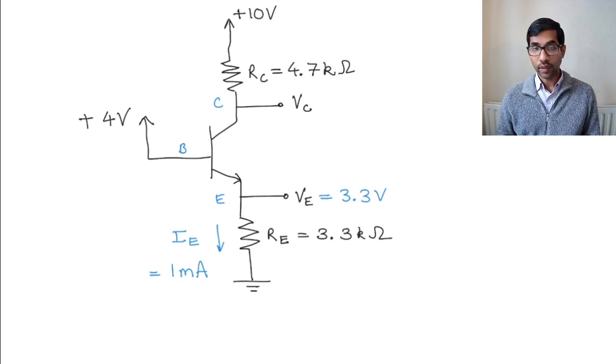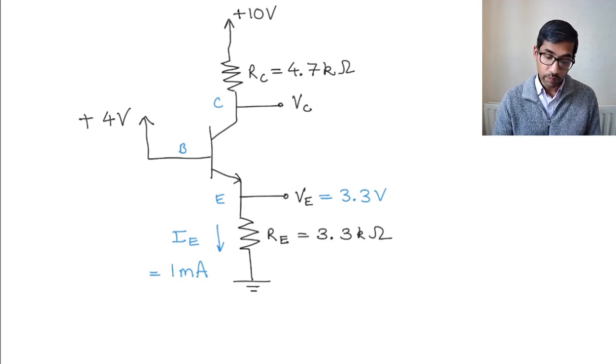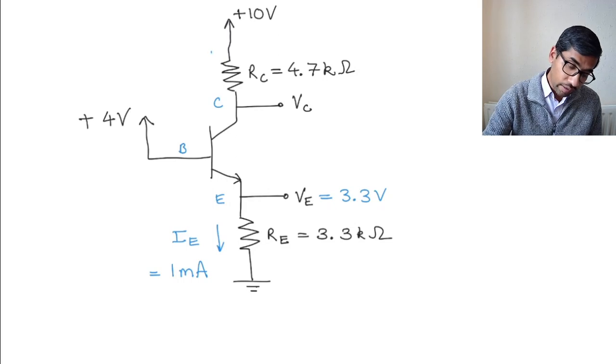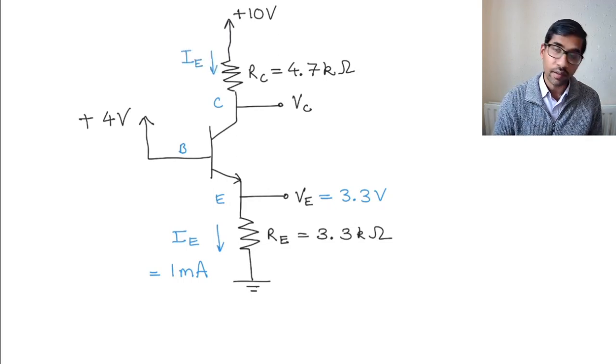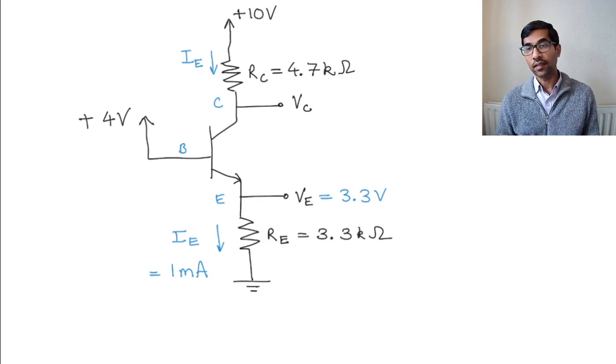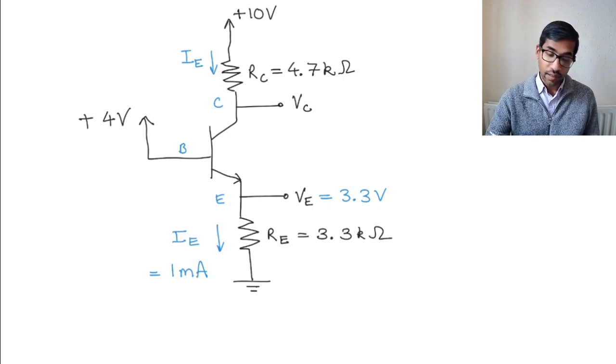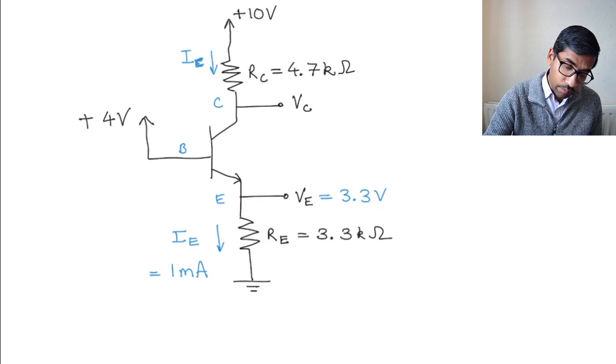Now, if this is 1 milliampere, we can assume that the collector current is the same as the emitter current, because you can do that in the active mode, and therefore this collector current, sorry, this needs to be IC, is also equal to 1 milliampere.